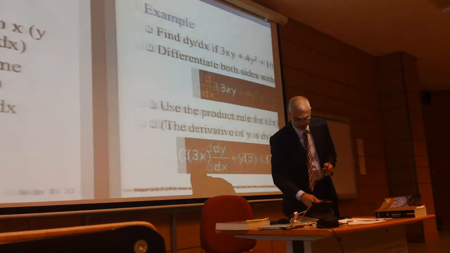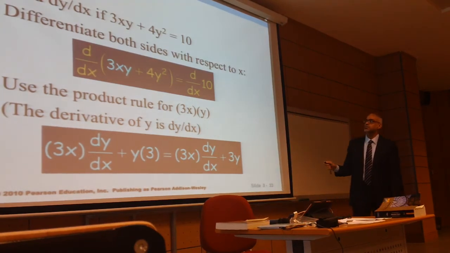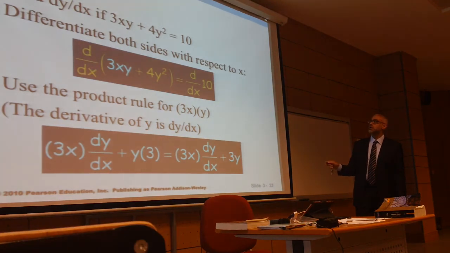How is this? 3xy plus 4y squared equals 10. We'll differentiate both sides. d by dx for this thing is equal to d by dx for 10. Now we have two terms here, 3xy and 4y squared. The first one is a product of two functions. So the first, 3x, times the differentiation of the second, dy by dx, plus the second, y, times the differentiation of the first, which is 3.